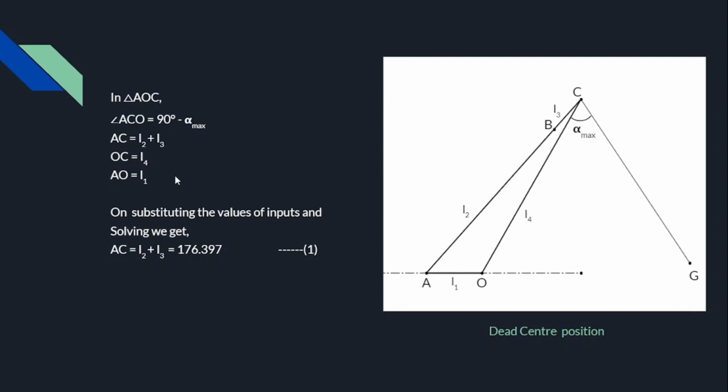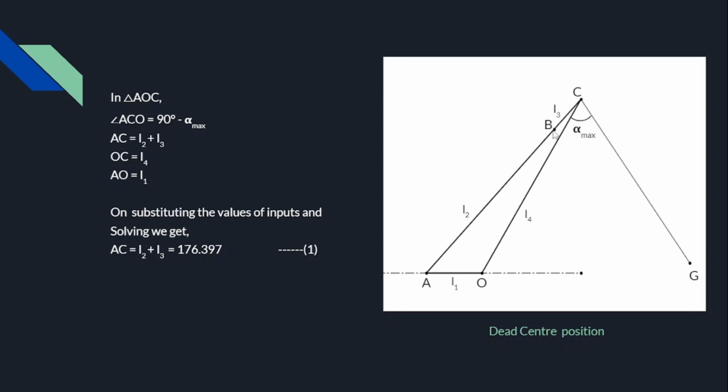For this, we'll be using the properties of the triangle, and we can obtain the value of AC, which is L2 plus L3, to be this value. The values of L1 and L4 are already known, and this angle we can find out as 90 degrees minus alpha max, which is 75 degrees.